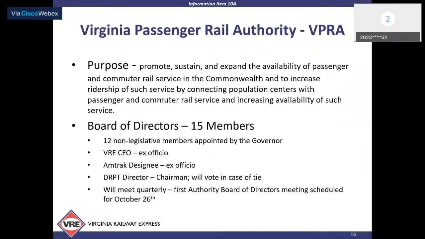And of course, the VRE CEO sits on the authority board as an ex officio or non-voting member, similar to an Amtrak designee. And the DRPT director is the chair. And just as a quick update, the meetings will occur quarterly, with the first authority meeting planned for October 26th.